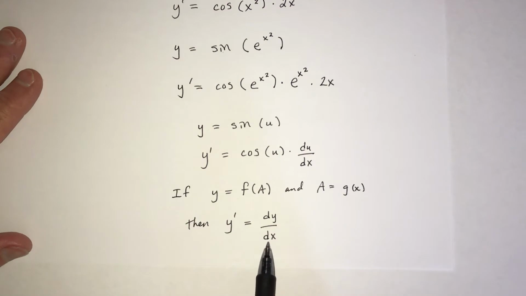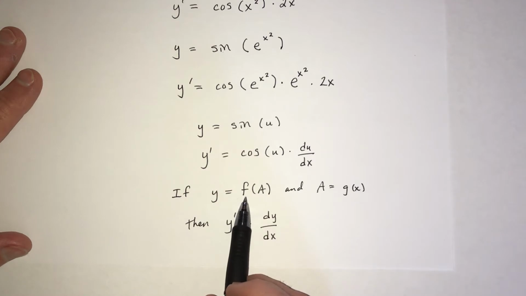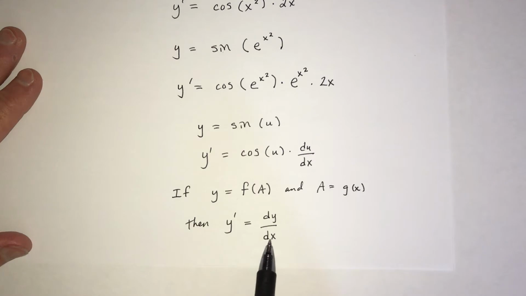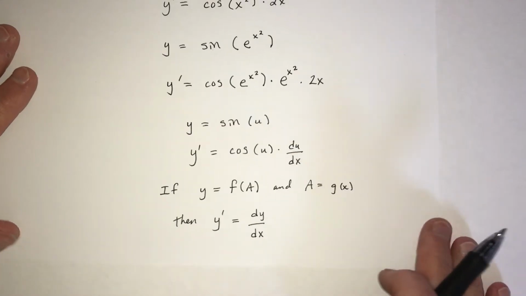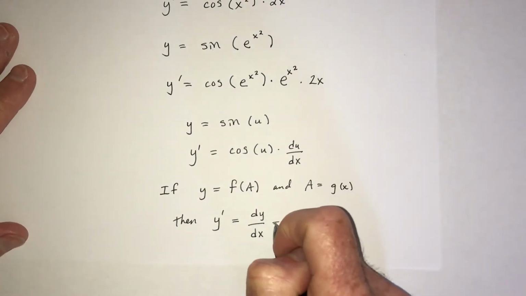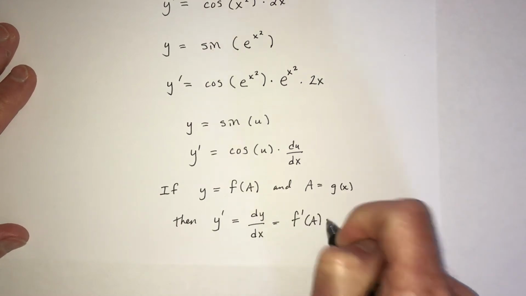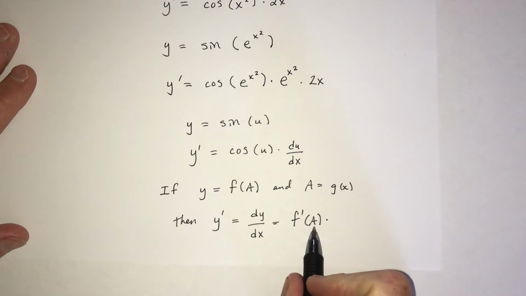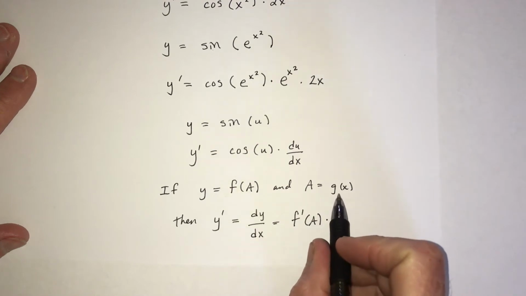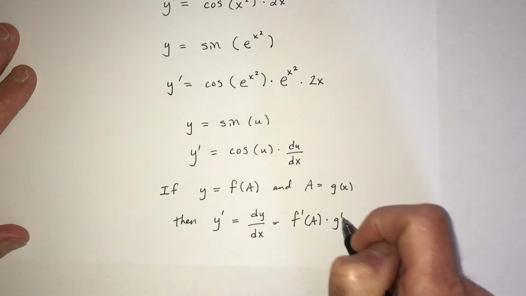That's a little bit better because when I put y prime, I don't know if you mean just take the derivative of f and leave the a in there, or are we supposed to have an x at the end? This is more specific because this is saying that the independent variable is x. So that would be take the derivative of f, leave a alone, and then take the derivative of a. So that would be the derivative of this.